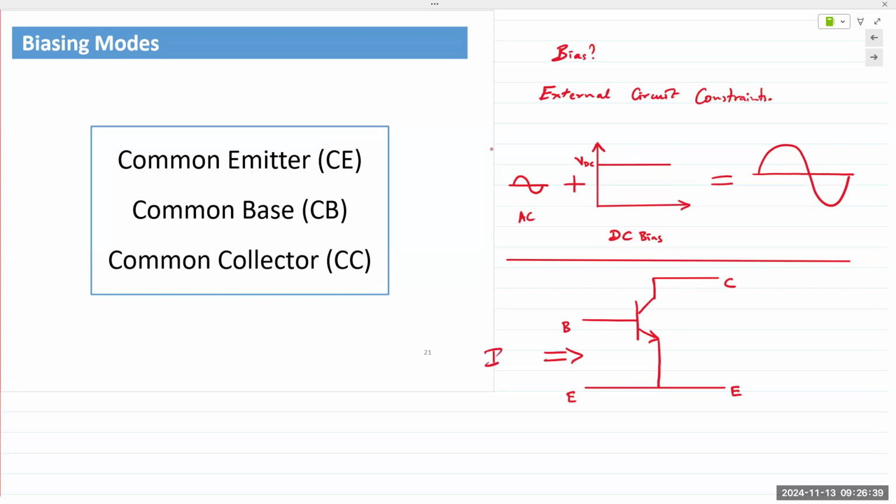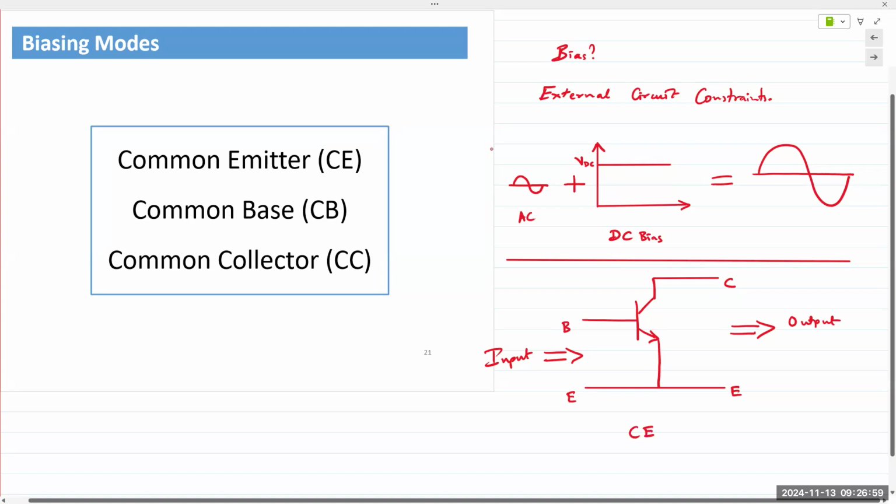So the input is on the left, applied between the base and the emitter, and the output is on the right, collected between the collector and the emitter. Since the emitter is common to both the input and the output side, this configuration is known as the common emitter configuration or the common emitter mode.